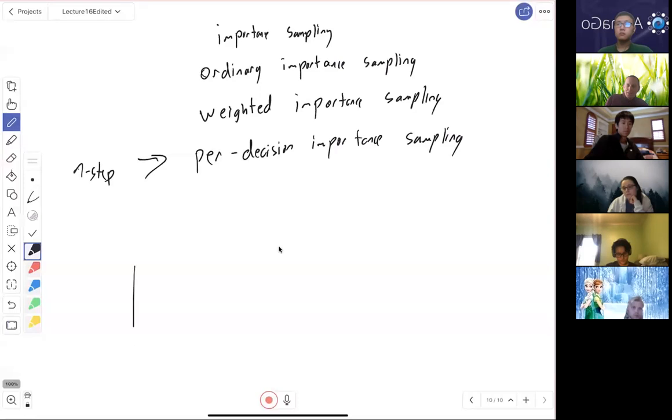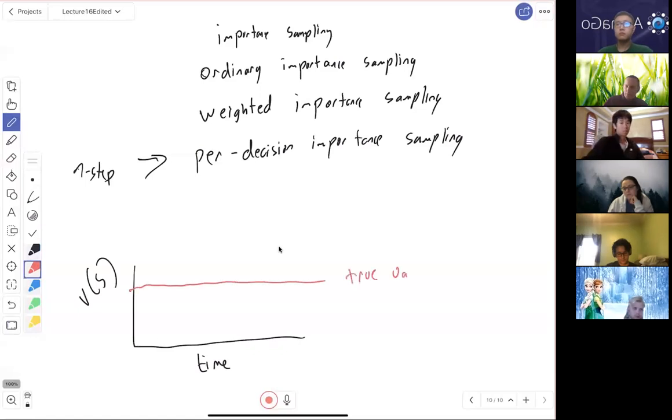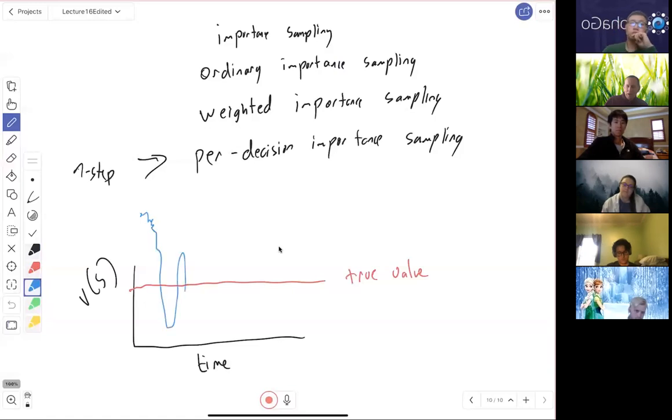So when we end, if we look at time on one axis and our value for some s on the other, and our true value is here, ideally we're going to move back and forth around it, but we have variations, and those variations get less and less.